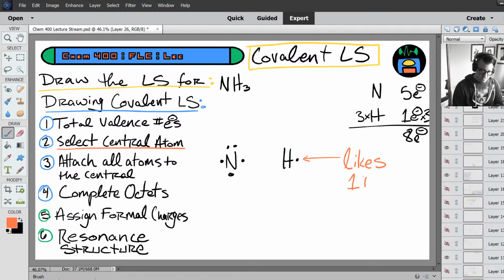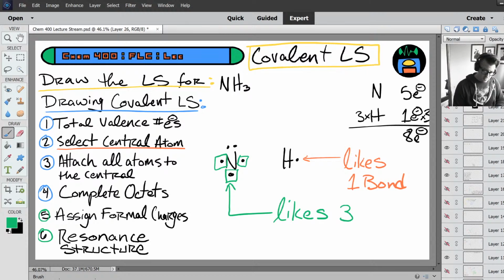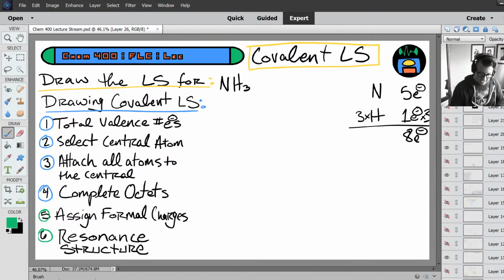Again, this is a preference. Not every element will always have bonds equal to the number of unpaired electrons, but as a rule of thumb, it's pretty reliable. Nitrogen has 3 unpaired electrons, which tells us that it normally likes to have 3 bonds. So we're going to select nitrogen as our central atom.